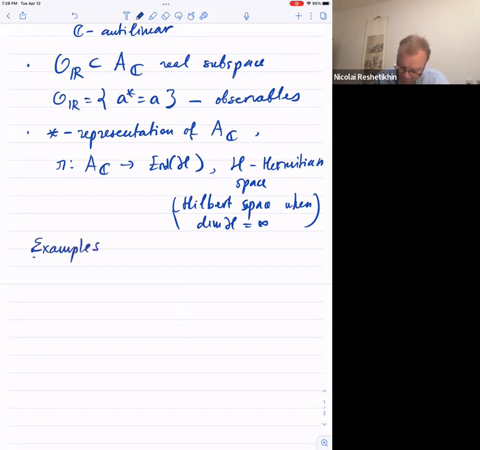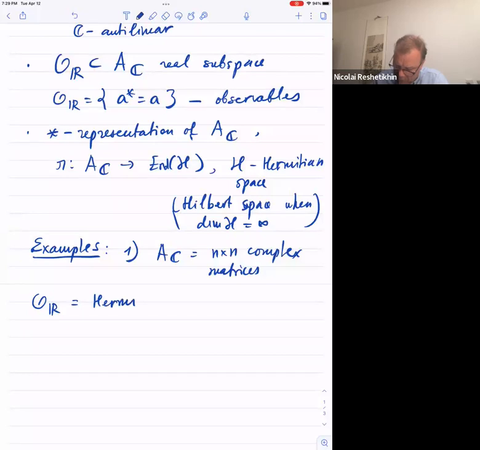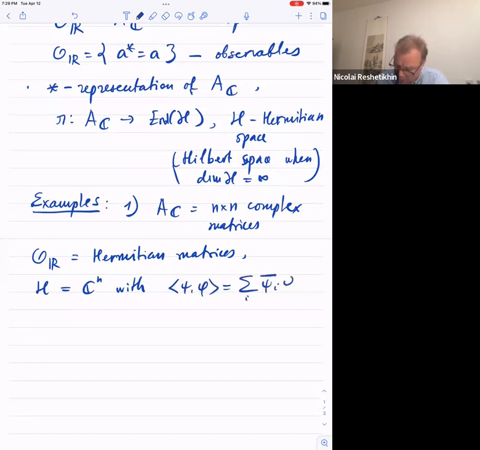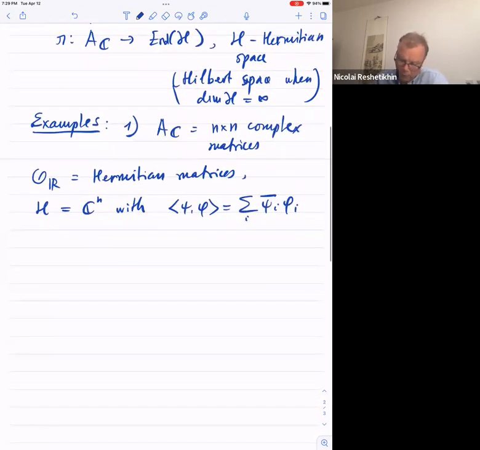Two examples. First, these are n by n complex matrices. Then the space of observables are Hermitian matrices, and our Hermitian space is just Cn with the standard Hermitian form.